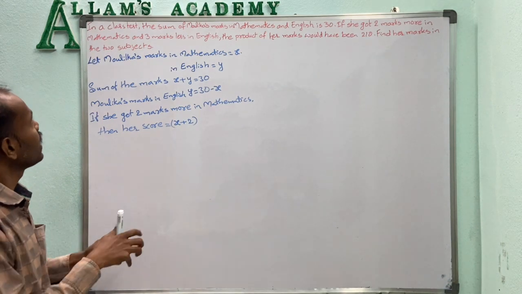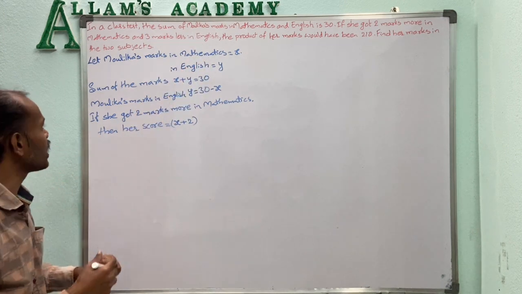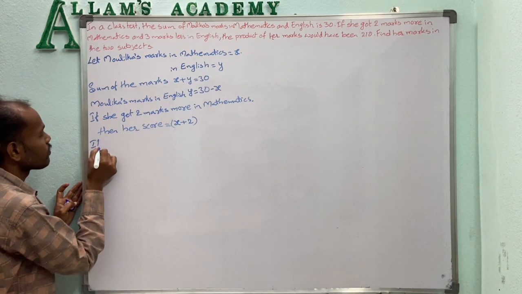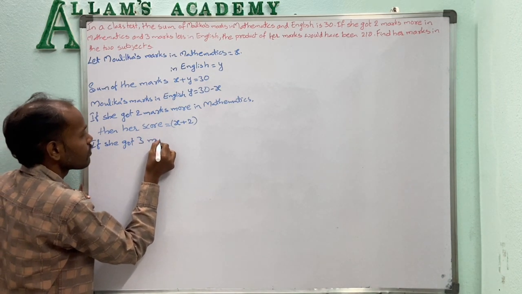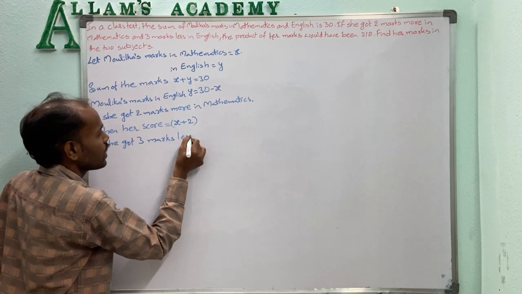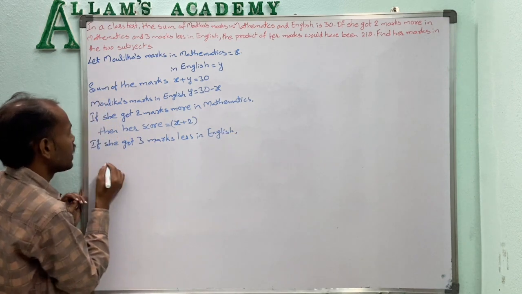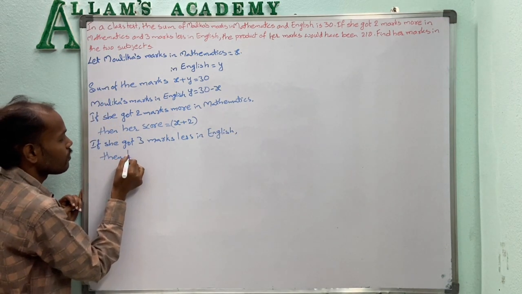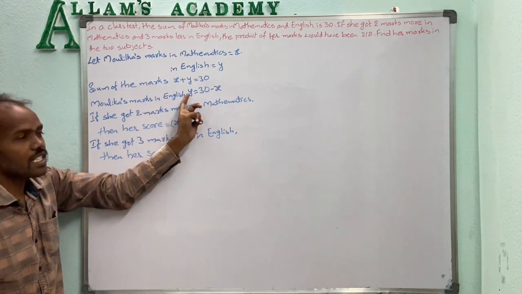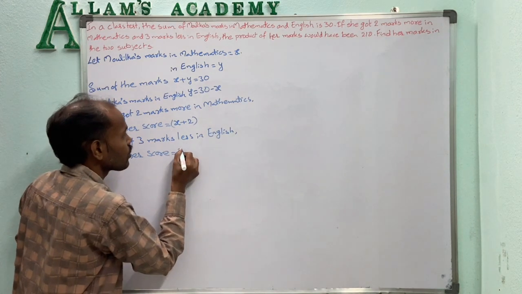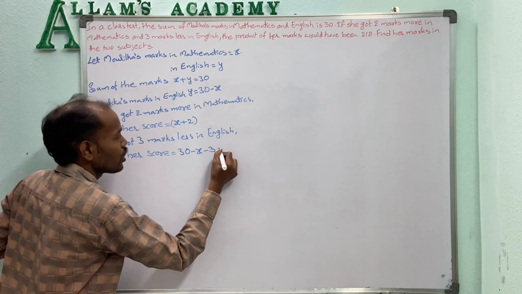Next one, given 2 marks more in maths means 3 marks less in English. So if she got 3 marks less in English, then her score is, in English she got 30 minus x marks, that minus 3 less, that is 30 minus 3 is 27.